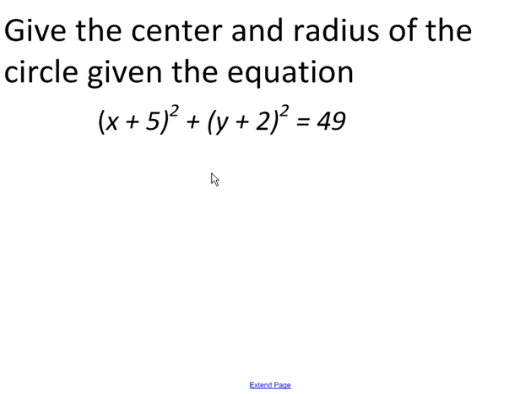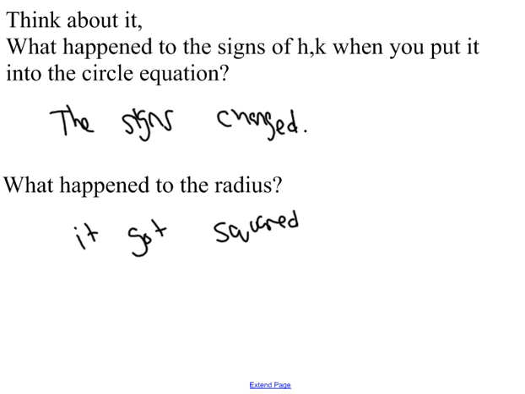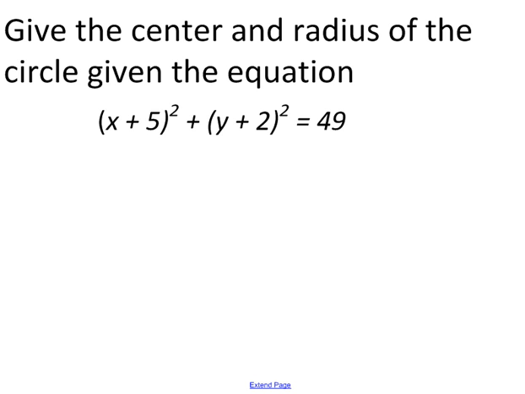So it's like we're doing the reverse. Before, we wrote the equation. Now we're given the equation and we're being asked to extract the center and the radius from the equation. But this should be simple if we understand what's going on.